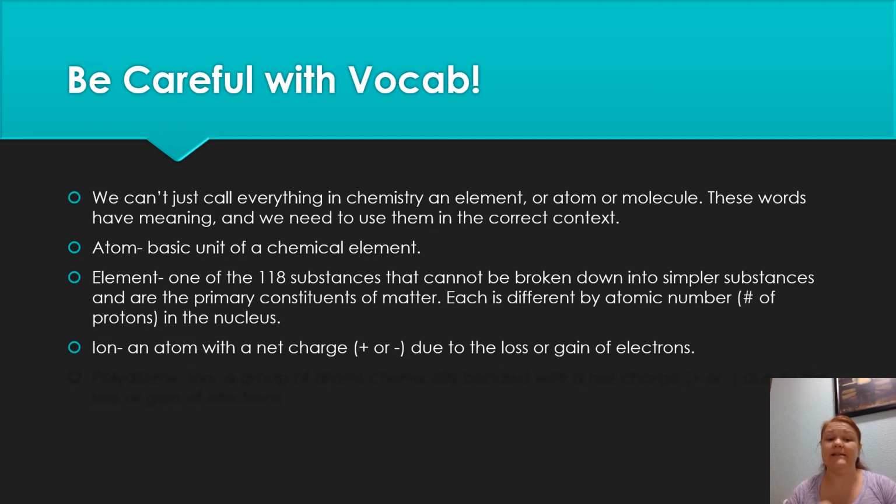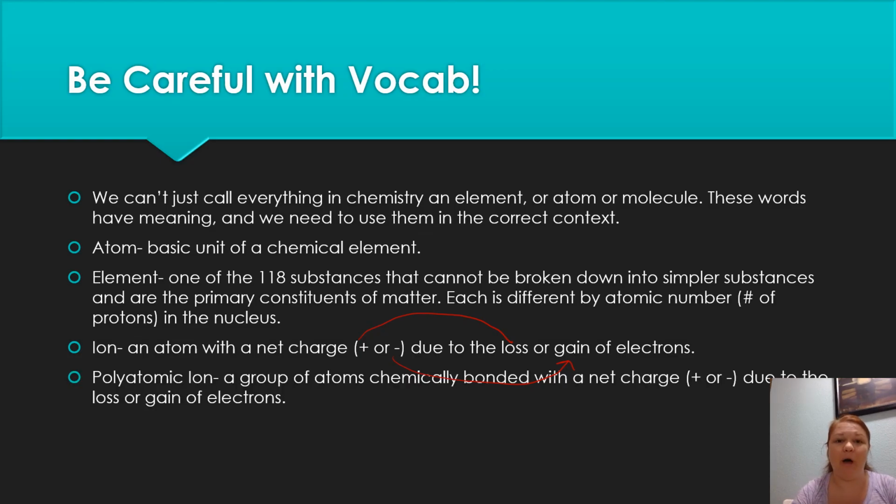An ion is an atom with a net charge, either positive or negative, due to the loss or gain of electrons. So if it's positive, it lost. If it's negative, it gained electrons. Positive is a loss of electrons. Negative is a gain of electrons. Because you're gaining a negative thing, you become more negative. If you lose the negative, you become more positive.